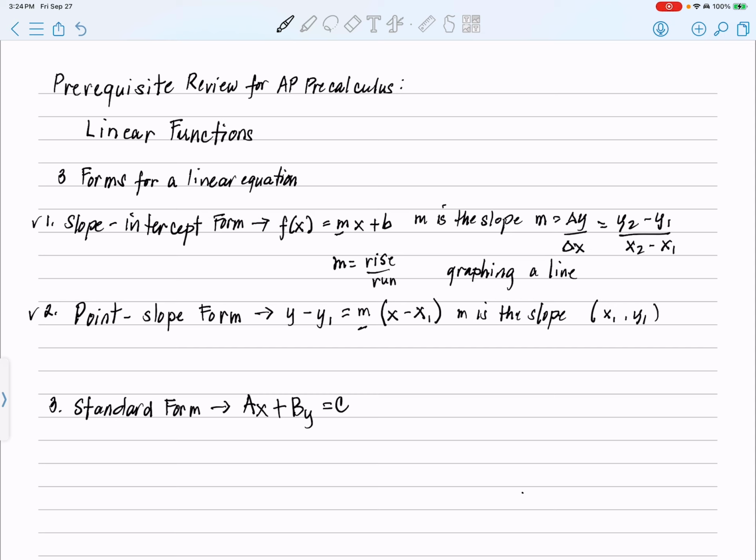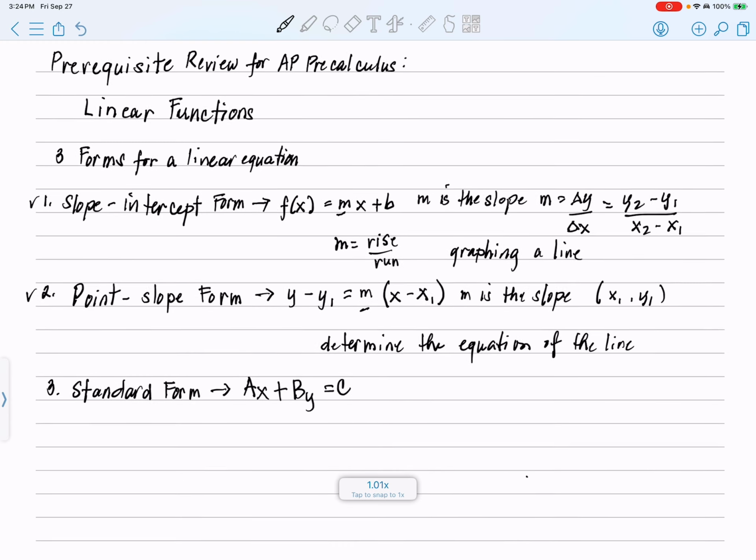And the point-slope form is best to determine the equation of the line.